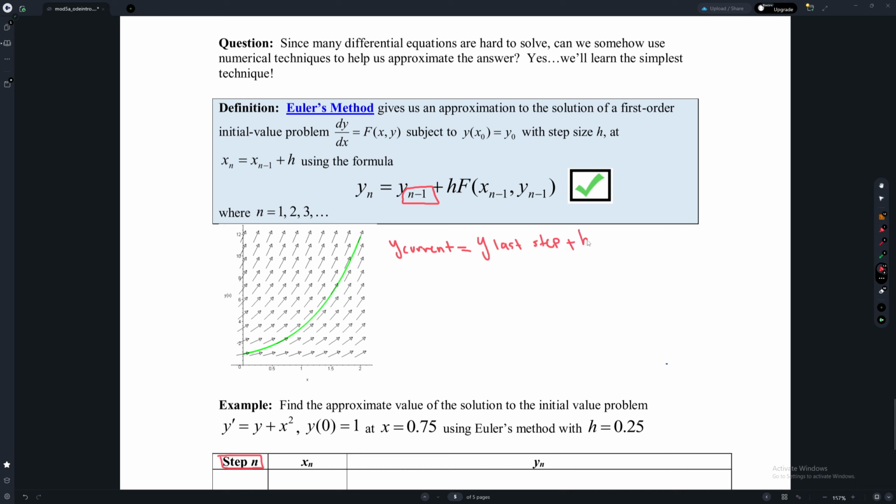h is a constant. So h is whatever they give you to be h. Sometimes you'll have to find h, so you find h. This equation, what it says: if I give you like y prime equals x, I don't know what's up with this example, but I'm going to keep using it.